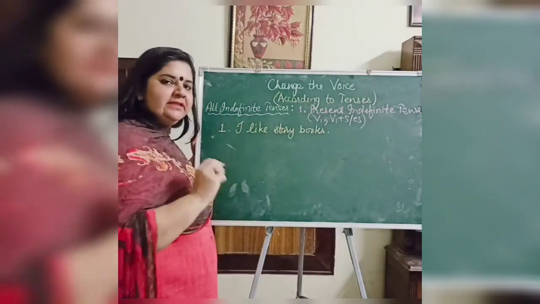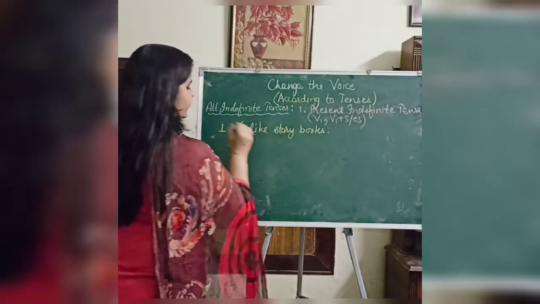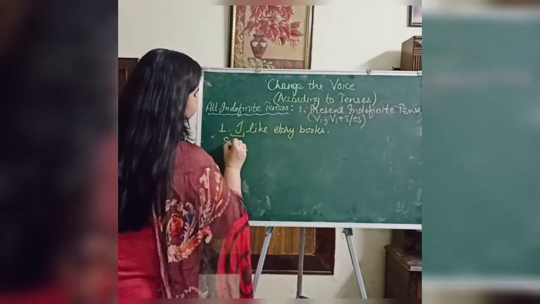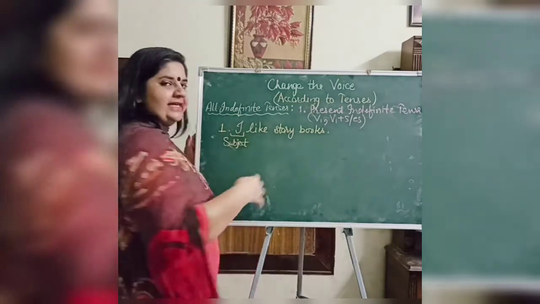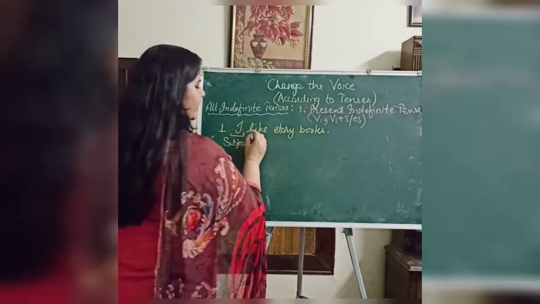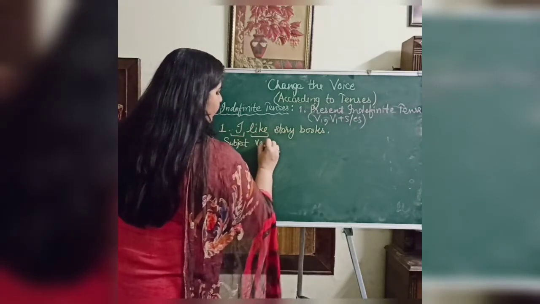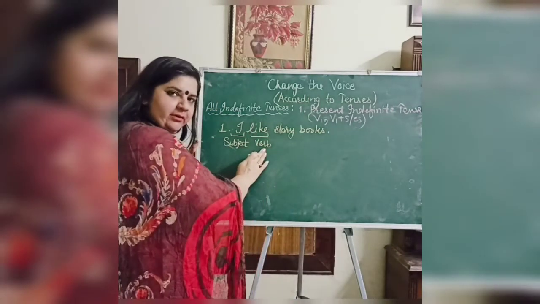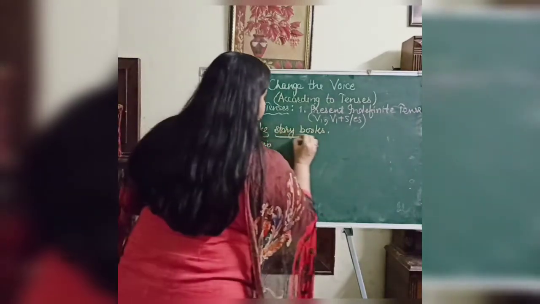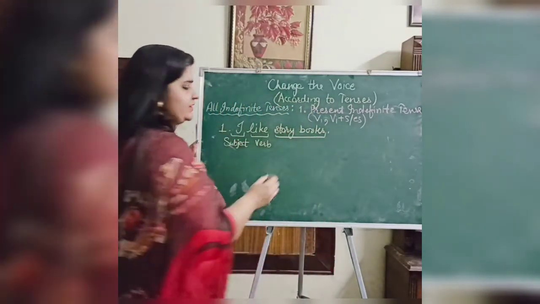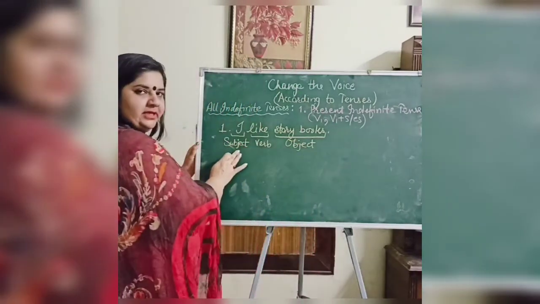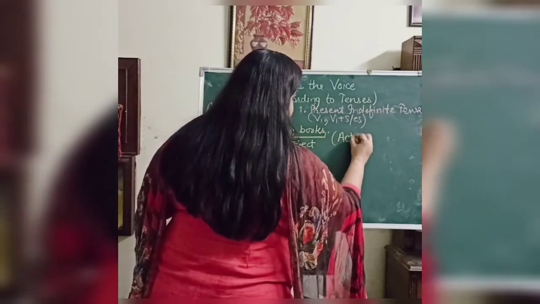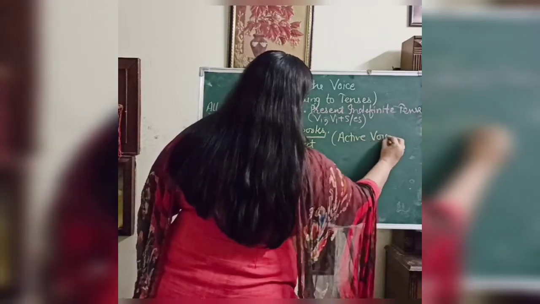This is an active sentence because here in the beginning we have the subject. Subject means doer, who is taking the action. Now like is the verb. Verb means the word which is telling about the action. And what are storybooks? Storybooks is playing the role of object. So subject, verb, object. It demarcates active voice.